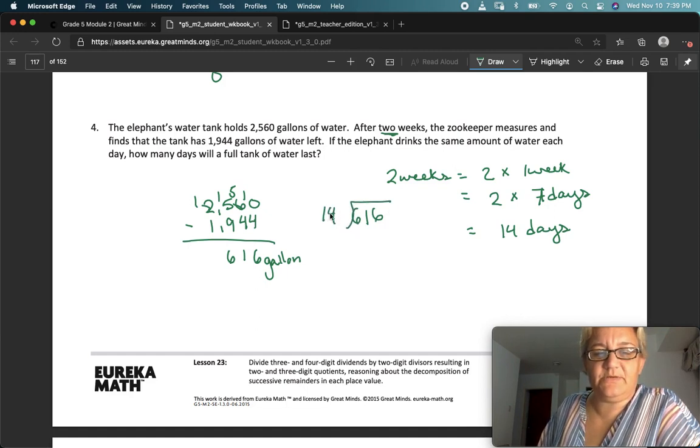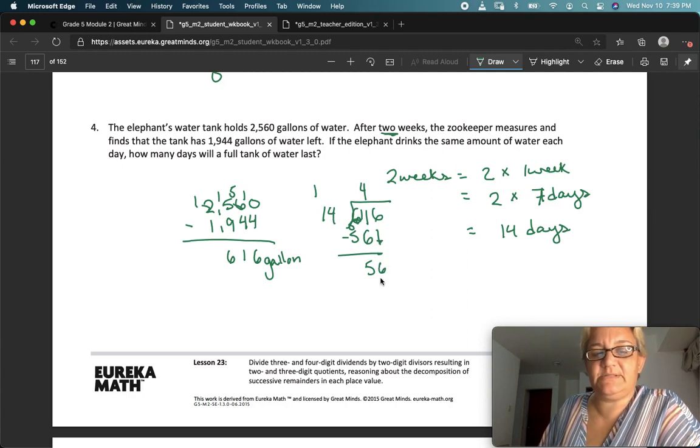So 14 goes into 61 4 times. 4 times 4 is 16, carry the 1. 4 times 1 is 4, plus 1 is 5. Then we have 5 left over, bring down the 6. 14 goes into 56 4 times, right?